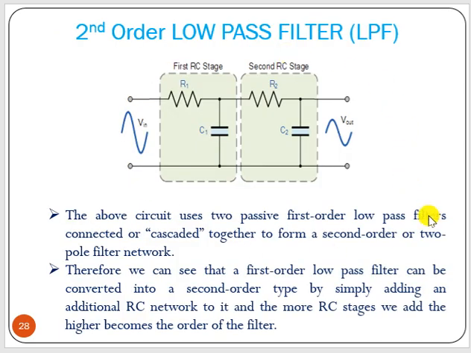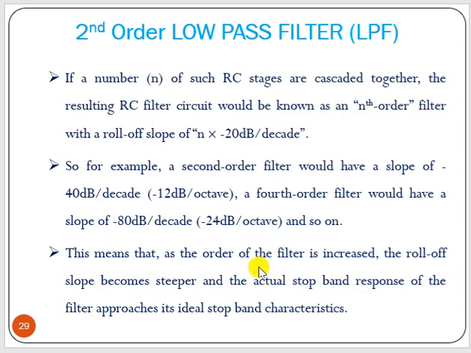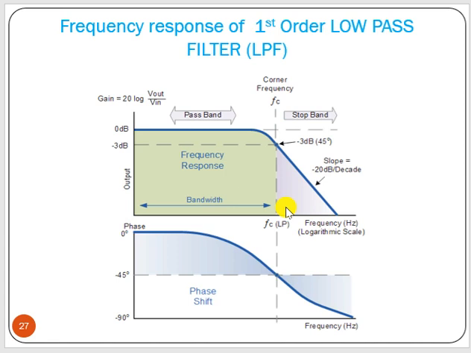Now this is the second order low pass filter. This is your first stage RC stage, second stage RC stage. So two low pass filters connected in cascade will provide us the second order low pass filter. Second order means, for the first order low pass filter, the slope is minus 20 dB per decade.